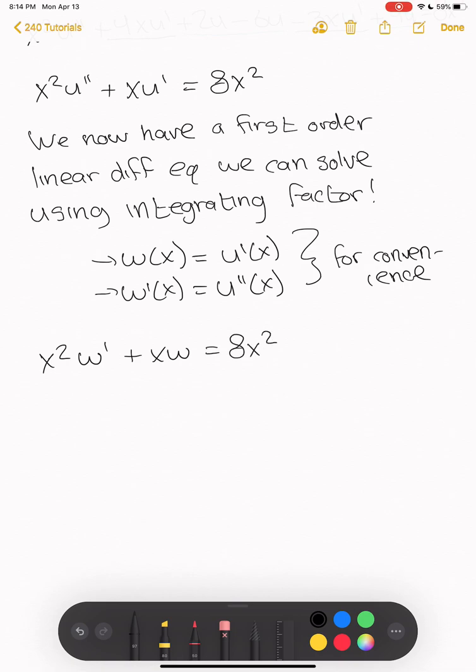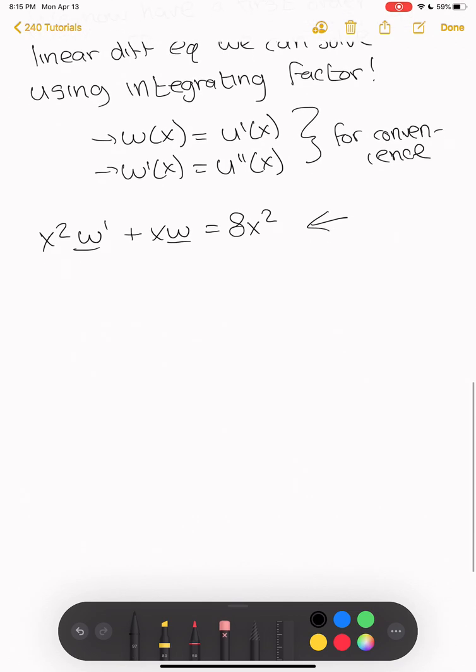And now if you go back to the last video where we talked about integrating factor, this looks exactly like what we started with. We just have a w prime and a w. So we've reduced the order. This is not two derivatives anymore. It's just the first. And we can solve this pretty easily. So we use the integrating factor method.